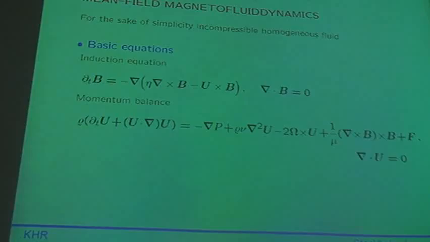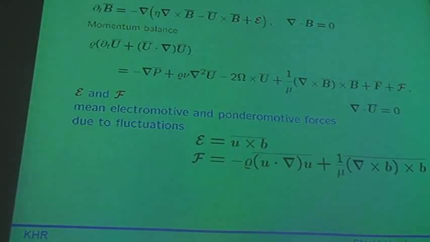If you subject now both equations to averaging, you have again the average induction equation, and you have the average momentum balance, and in the same way as here occurs the mean electromotive force, E, here occurs a mean ponderomotive force, F, which drives motions, which is given by this.